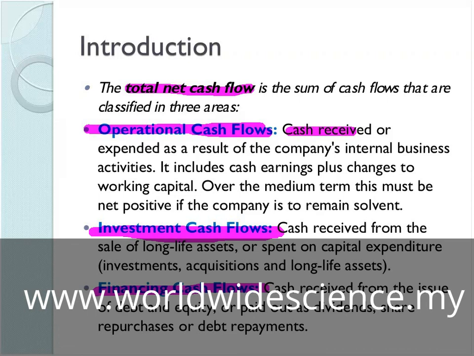For example, I am a travel agency. When I buy some tickets, book some hotels, buy some rooms in the hotel, this is cash coming in and out. This is operational cash. The main business, my travel, when I buy tickets, book hotel rooms, and so on. This is the operational cash flow.